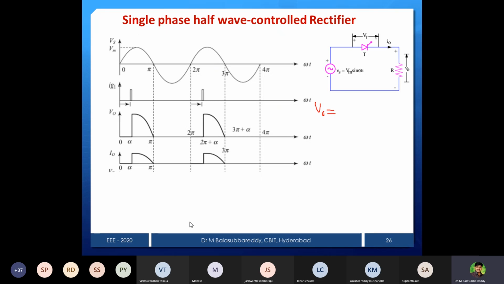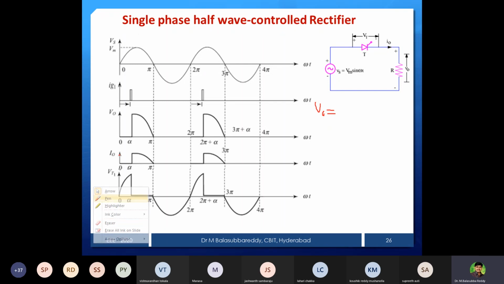You can see from 0 to pi is one half cycle. Pi to 2 pi is another half cycle. So you need to integrate one full cycle, from here to here. Output voltage I want to know, so in the output waveform you just integrate.